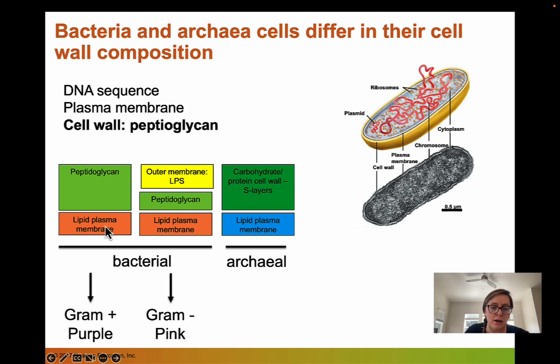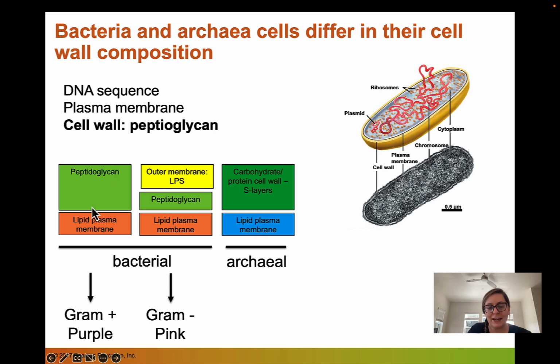So I'm going to focus on the components of a bacterial cell wall. On top of their lipid plasma membrane, there's two kinds of cell walls. In gram-positive bacteria, there's a thick layer of peptidoglycan.